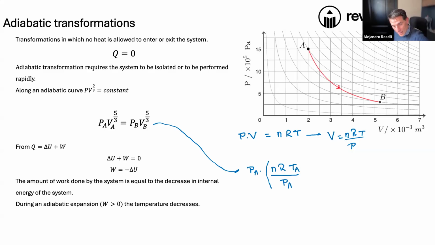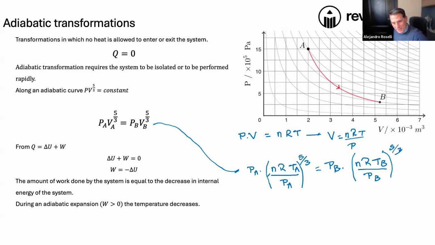This is volume A. Still needs to be affected by that 5/3. Same thing on the right side. We will have PB times volume B. That'll be number of moles times R times TB divided by PB, hopefully I'm not messing things up, to the power of 5/3.